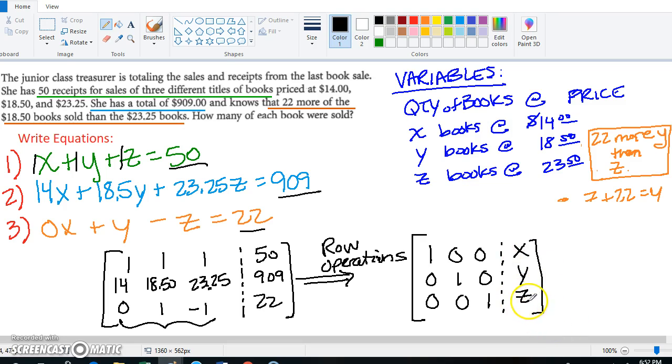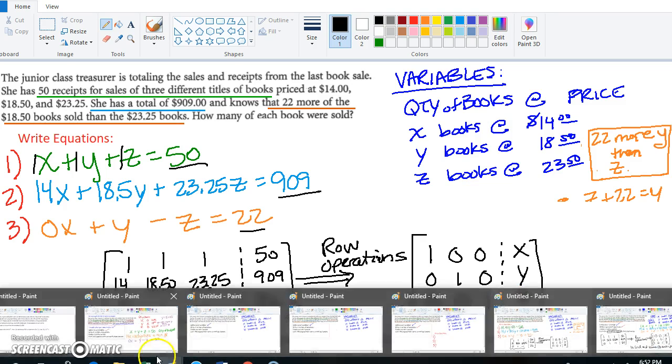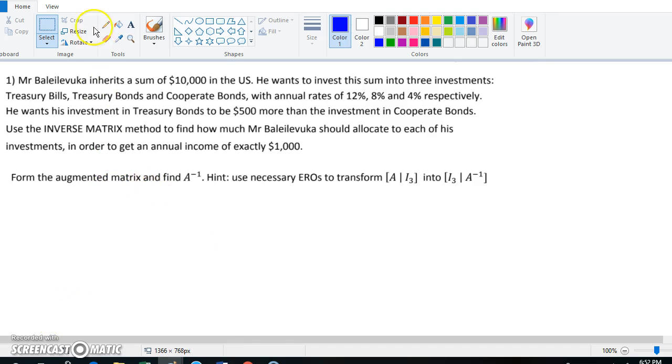Okay? Now, I think in the question on your test, your professor is asking you to create the augmented matrix to find the inverse matrix. Okay?